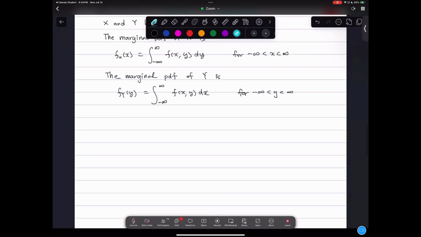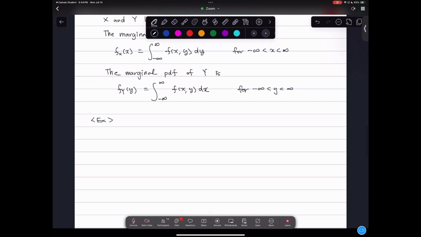Let's get an example. Here's my joint PDF.